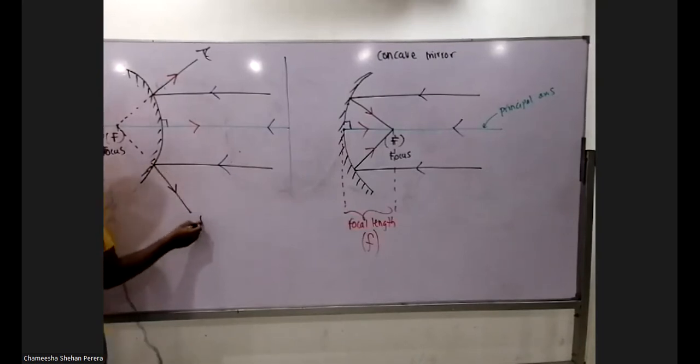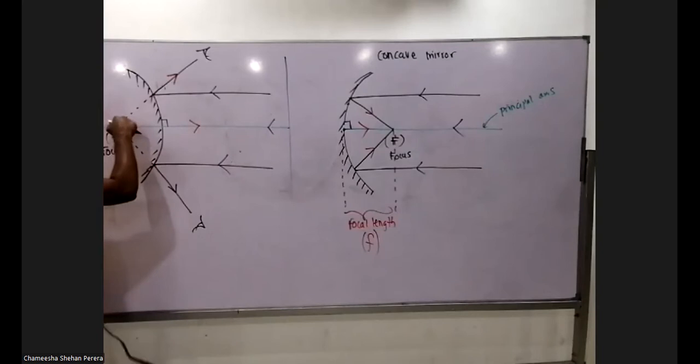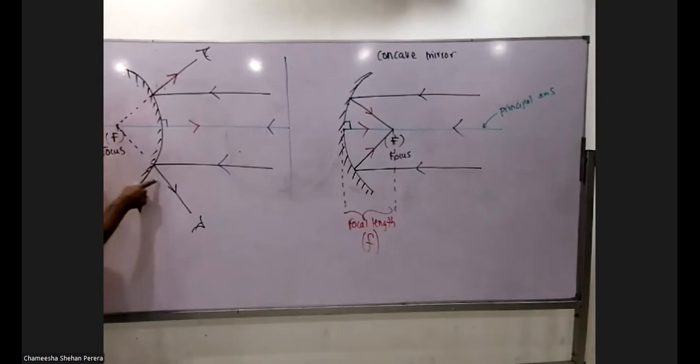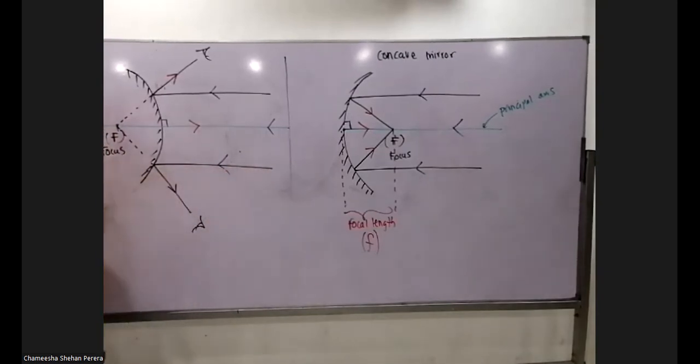For a person looking at this diverged light ray, it appears to be coming from a point inside the plane mirror called F. But actually this light ray is not coming from inside the mirror. It is the reflected light ray of this one. For a person looking at this light ray coming towards his eye, it would appear to come from inside the convex mirror, from a point called F on the principal axis.